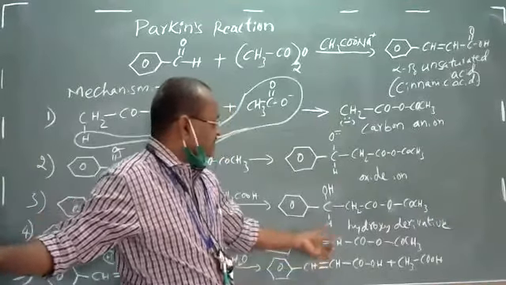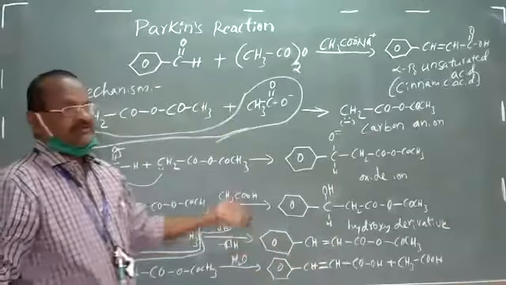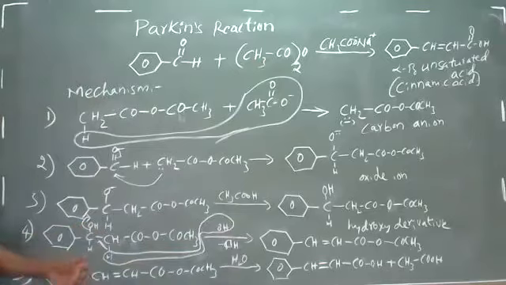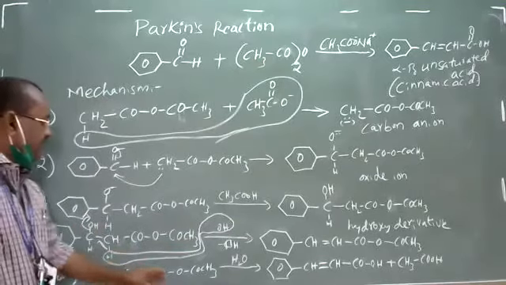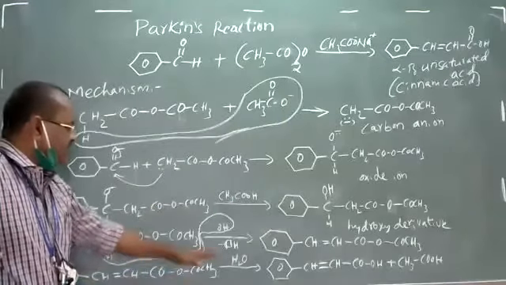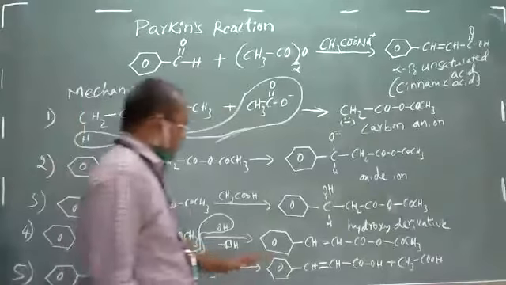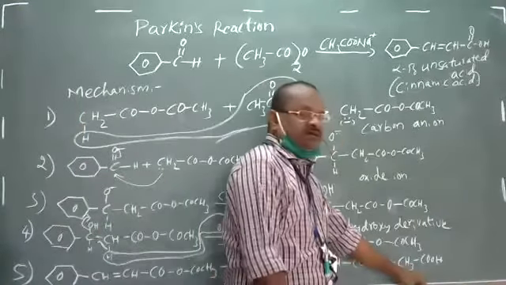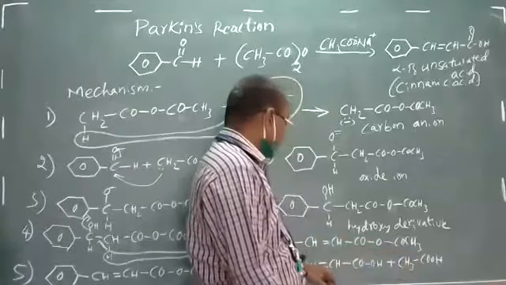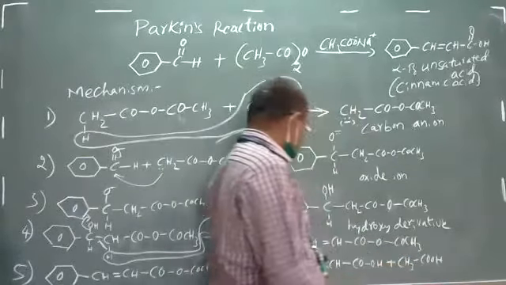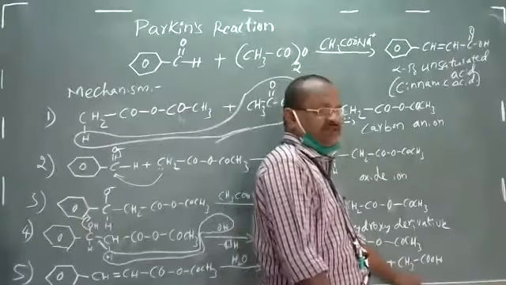This particular derivative is once again stable, but our aim is to prepare the acid derivative. So it undergoes hydrolysis in the next step. In the fifth step, the alpha beta unsaturated ester that was formed undergoes hydrolysis to form an acid group, and two acids are generated, that is, an alpha beta unsaturated aromatic acid and an aliphatic acid, that is cinnamic acid and acetic acid.